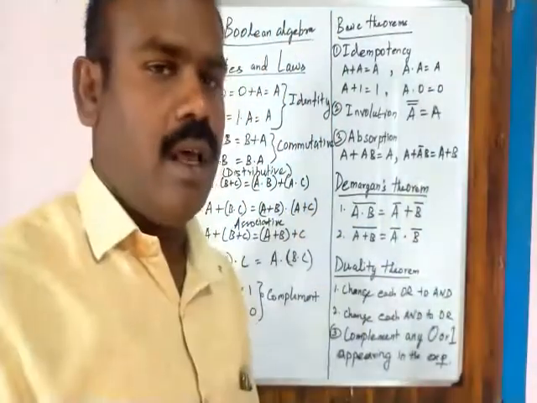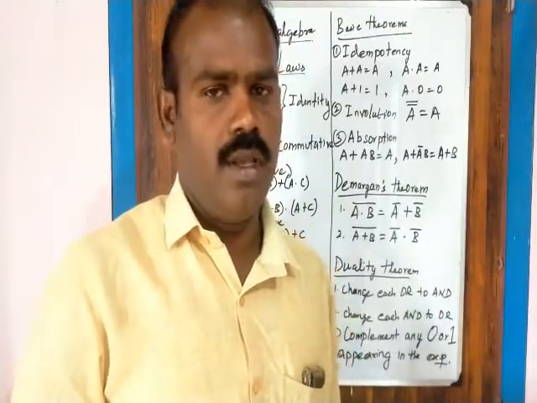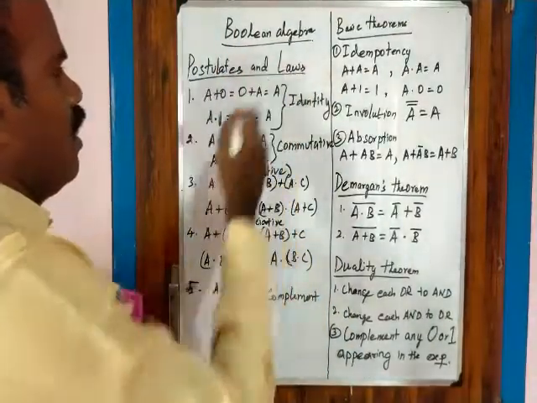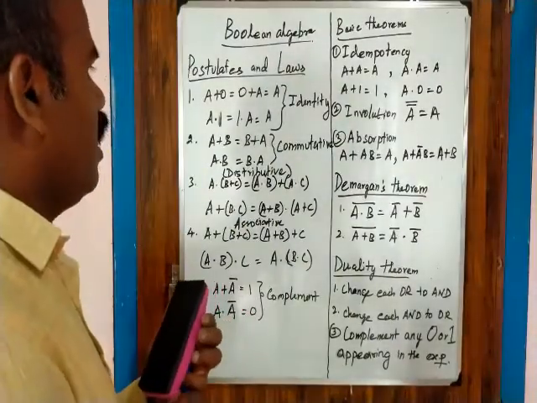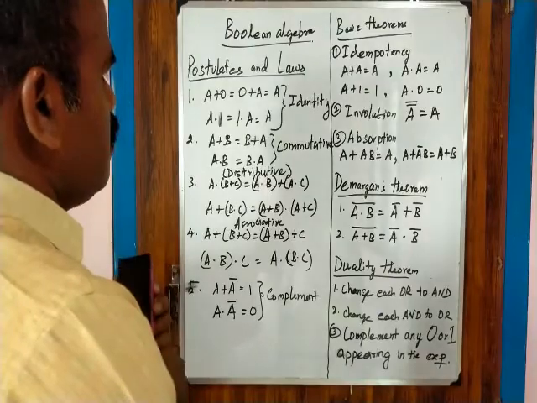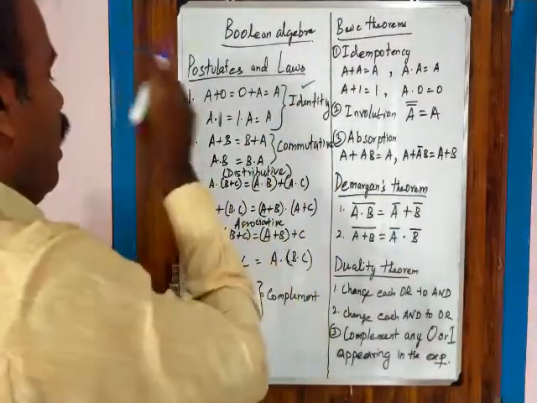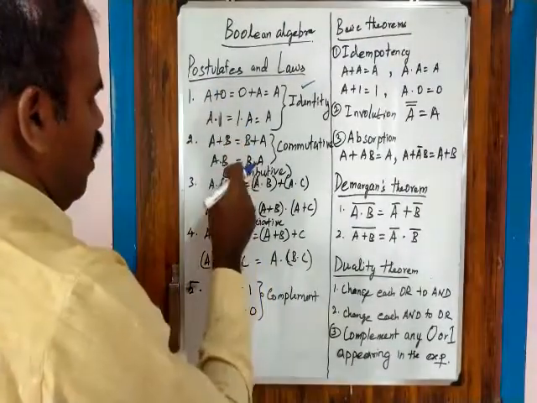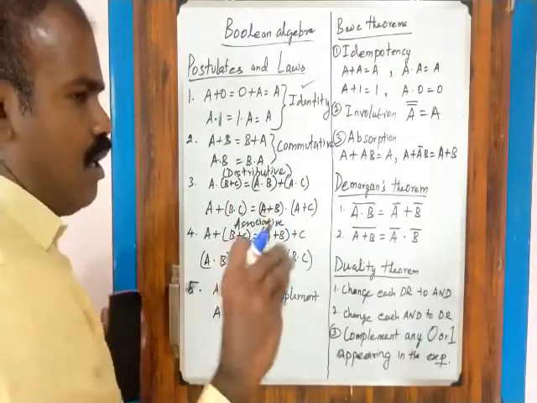we will see some mathematical postulates and theorems in Boolean algebra. That is, fundamental postulates and laws of Boolean algebra. So first postulate, identity postulate. Here A, B, C are all variables, all input variables for a system.